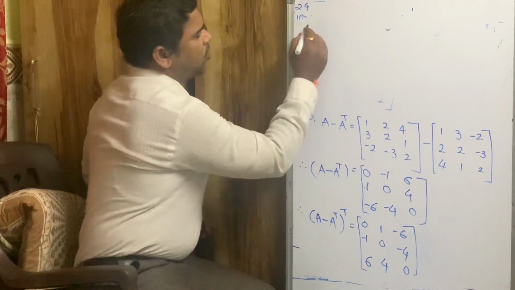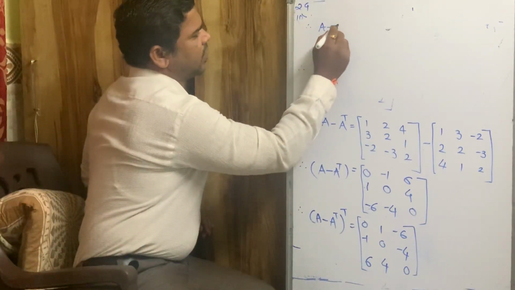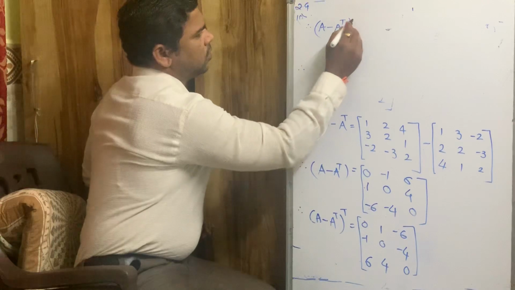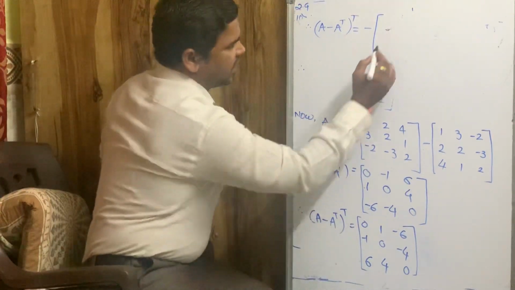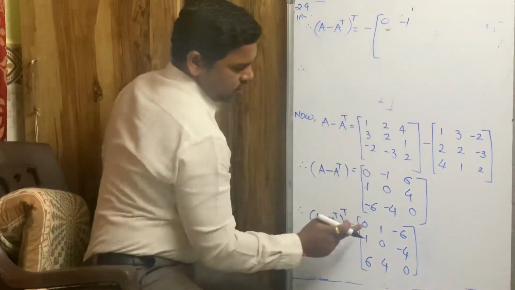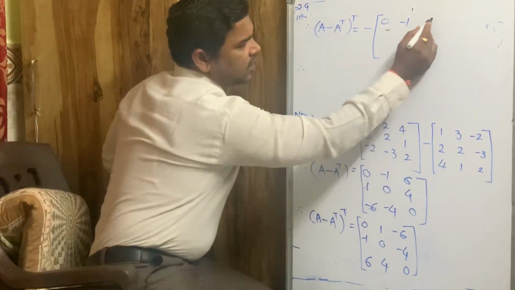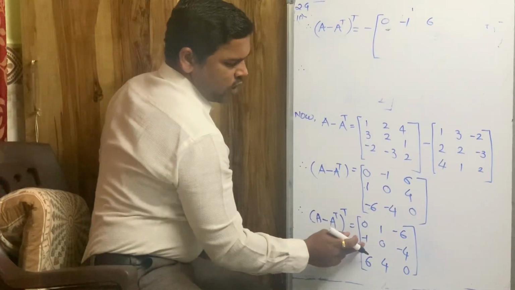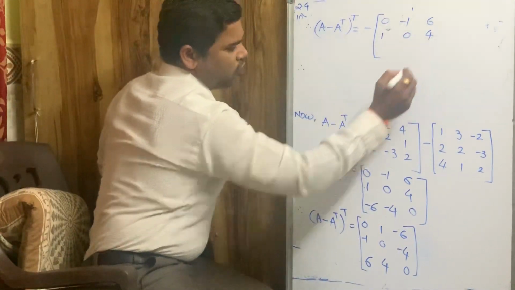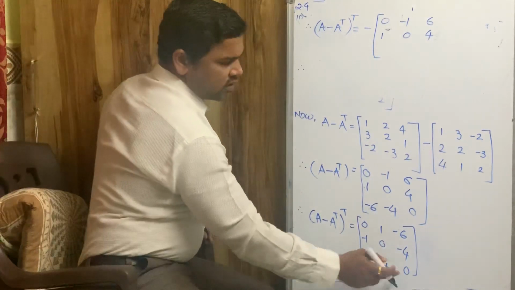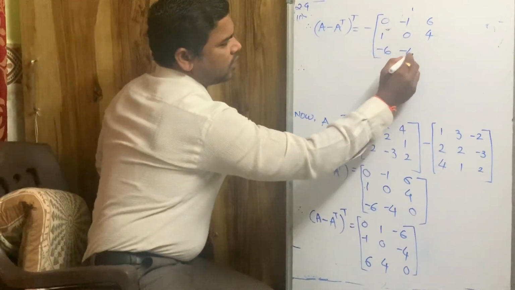By taking the minus sign common, A minus A transpose, the whole transpose, is equal to minus of: 0, plus 1 will become minus 1, minus 6 will become plus 6, and then 1, 0, 4. Third row: minus 6, minus 4, 0.